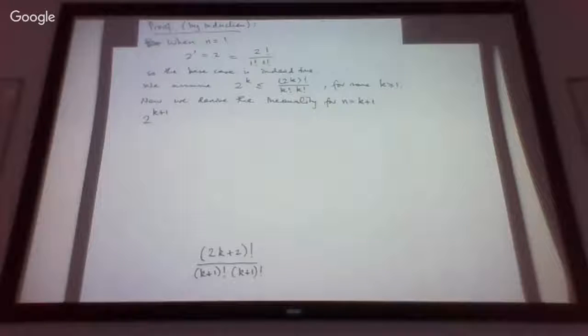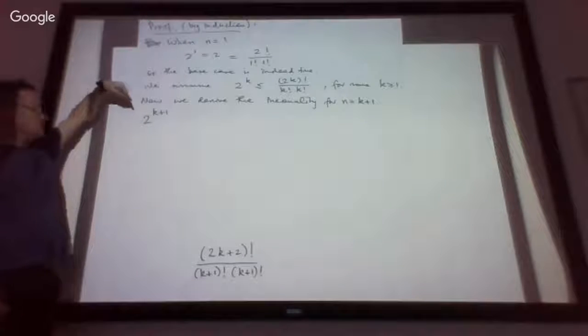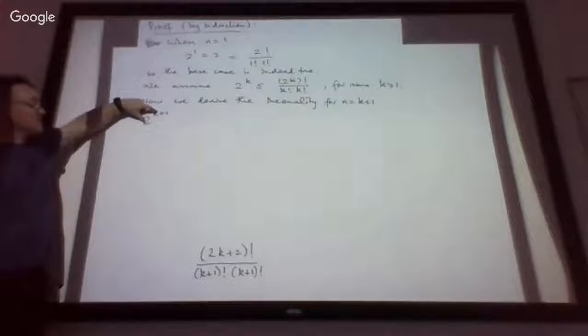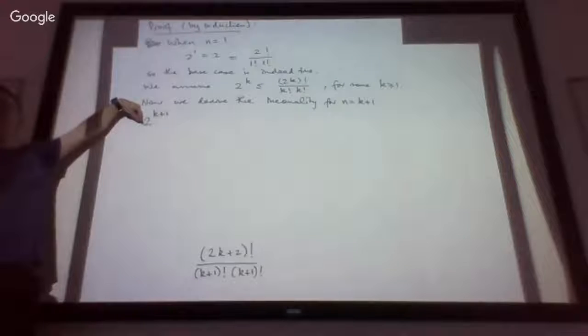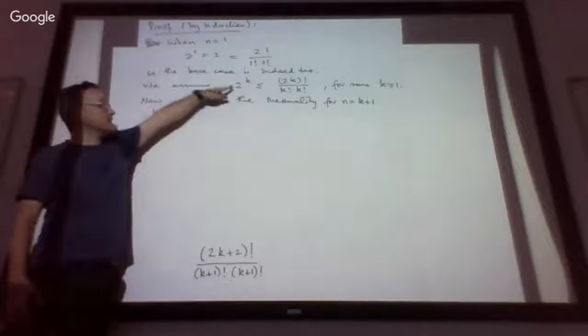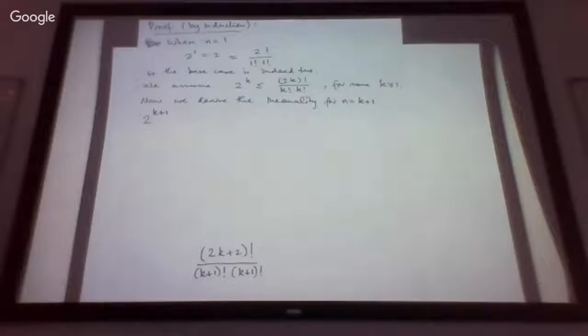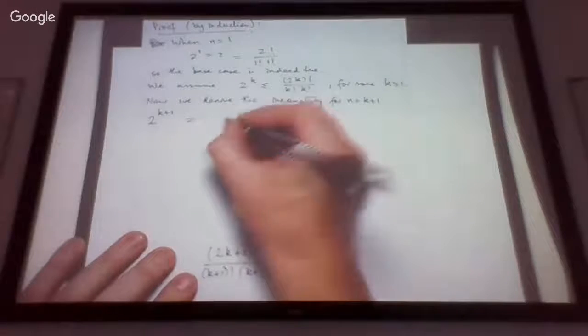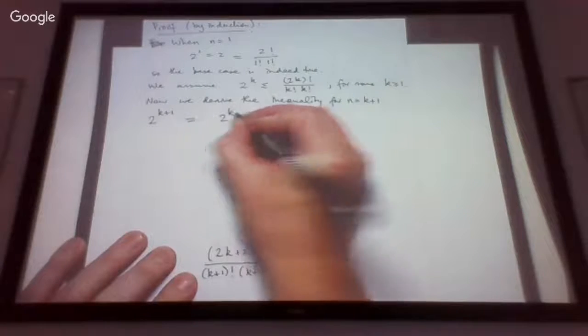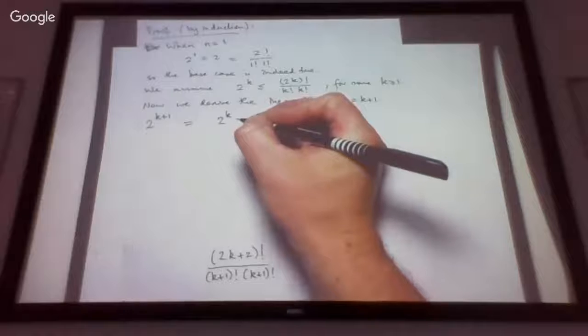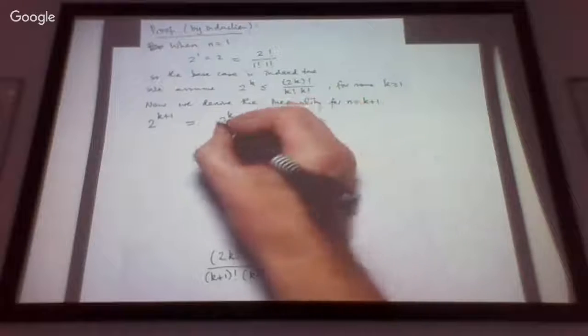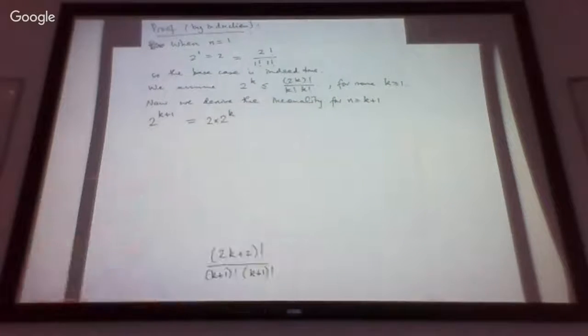Equal to 2 multiplied by 2 to the k. Okay, good suggestion from Aidan there. You take this and emphasize the fact that it has a factor of exactly that, 2 to the k. So we're drawing that out. It's 2 to the k multiplied by 2. It doesn't really matter where you put the 2, but there: 2 times 2 to the k.